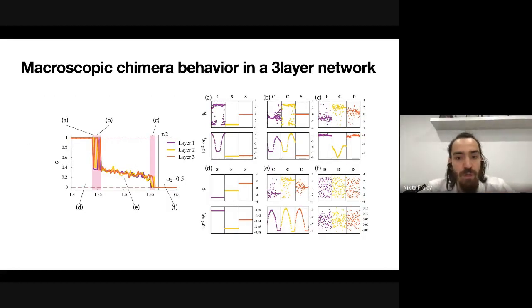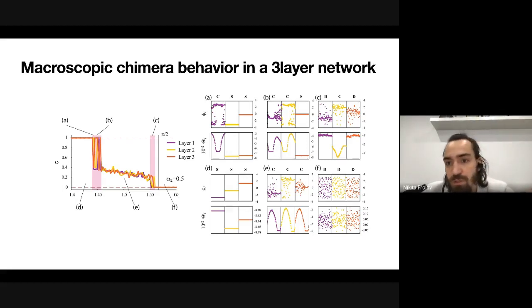Introducing a weak coupling between the layers, we achieve the situation where one of the layers breaks the symmetry and goes to another type of dynamics. This situation is represented in figures A, B, and C. We can see that in figure A, while two layers are synchronized, the other demonstrates a pronounced chimera pattern.